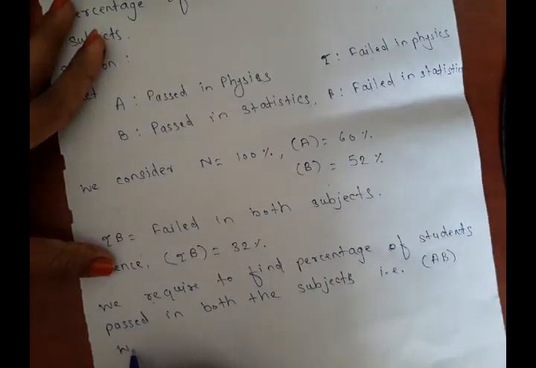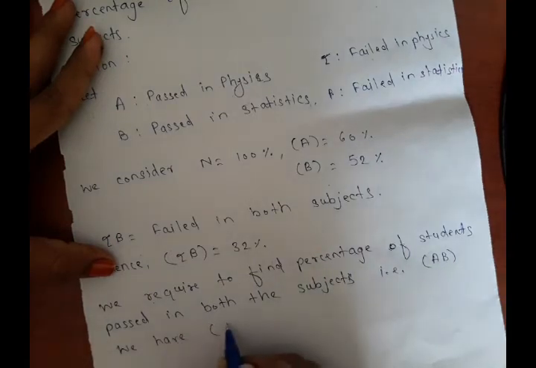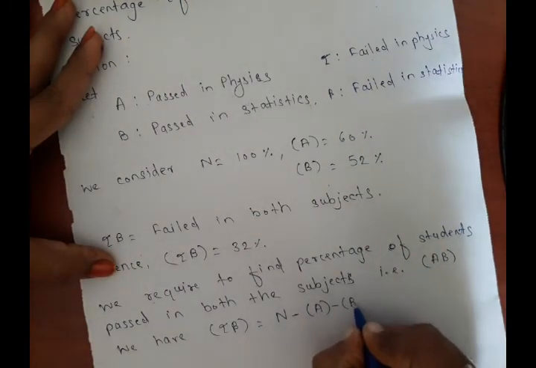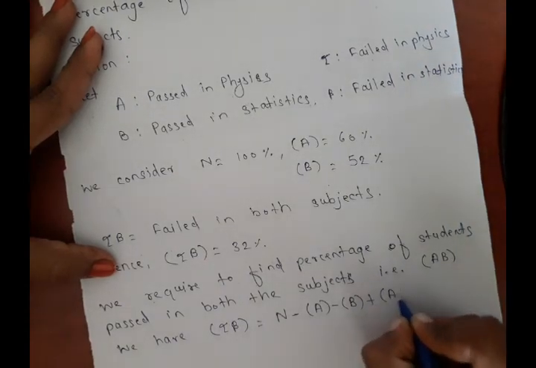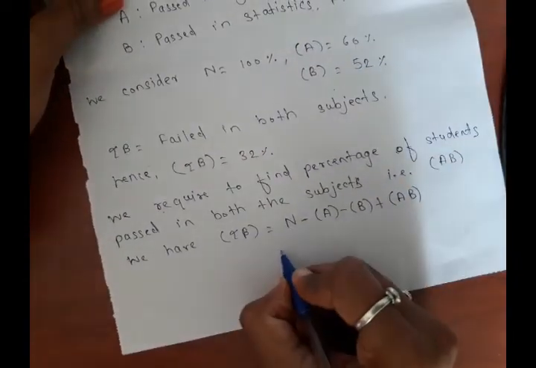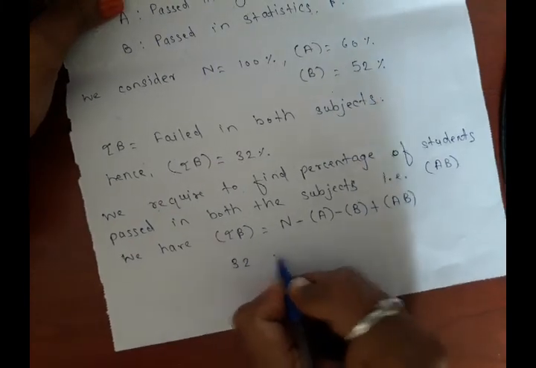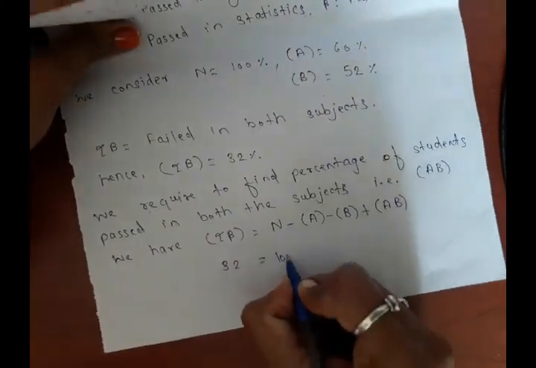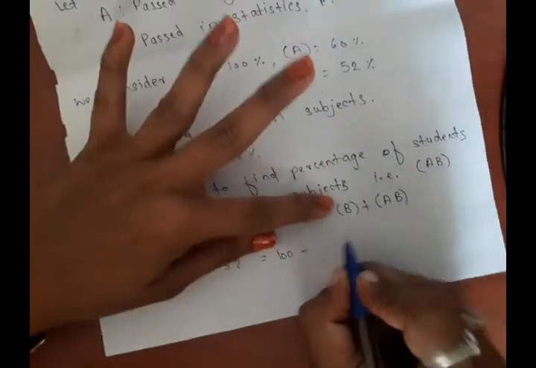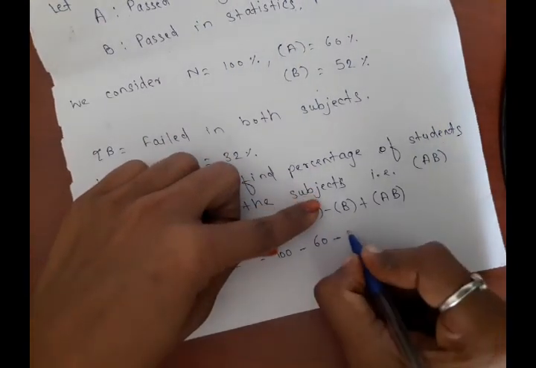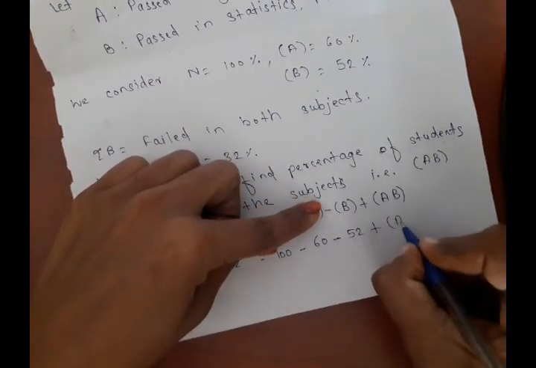Then we know that (αβ) is equal to capital N minus (A) minus (B) plus (AB). So (αβ) is 32, which is equal to capital N, 100, minus (A) 60 minus (B) 52 plus (AB).